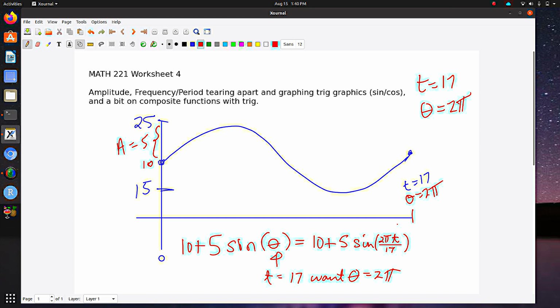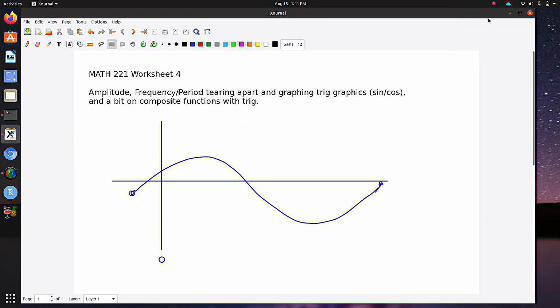Now, I haven't told you what to do if the function is shifted, so let me do one of those. For the sake of argument, let's not worry about all the other kinds of shifting that might be going on.